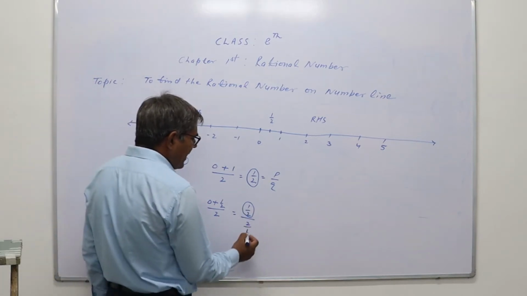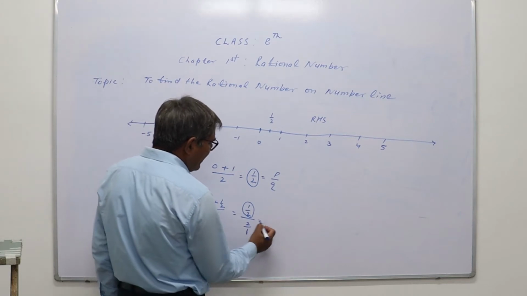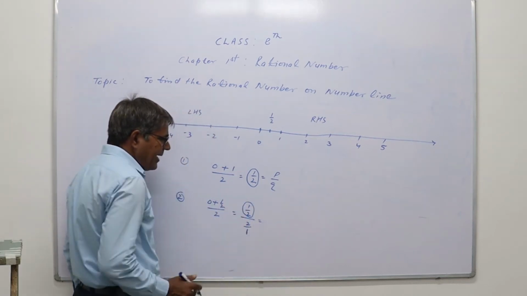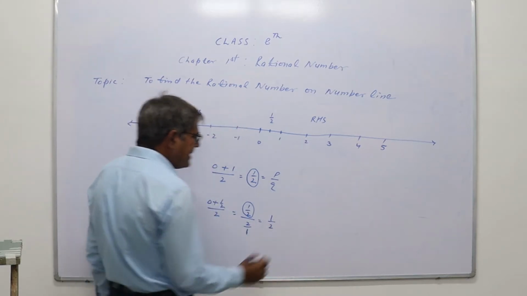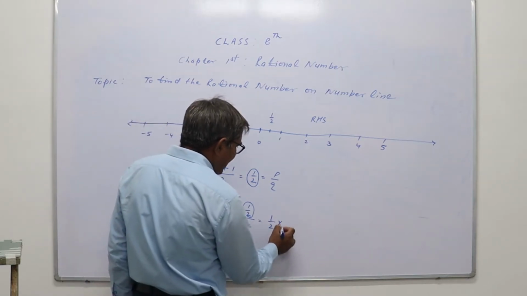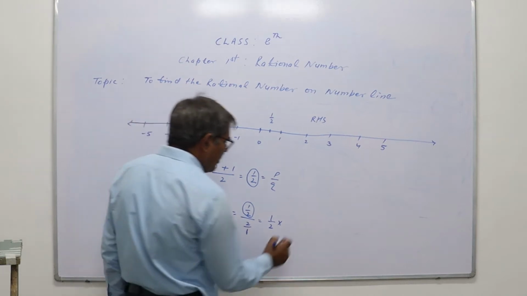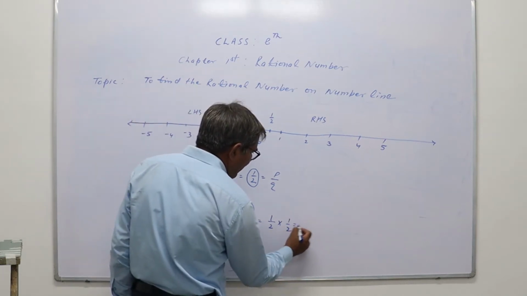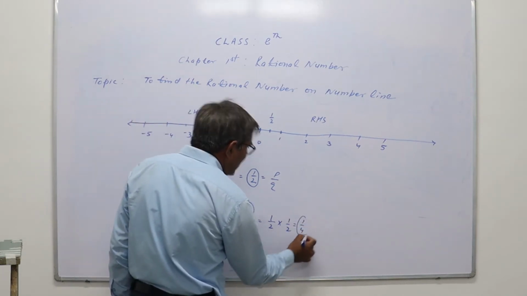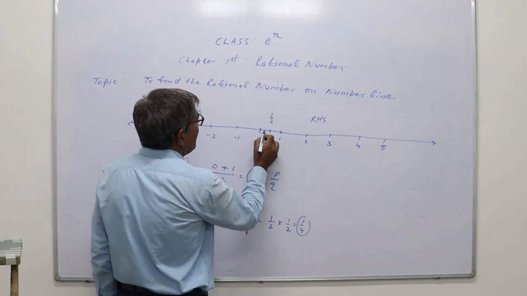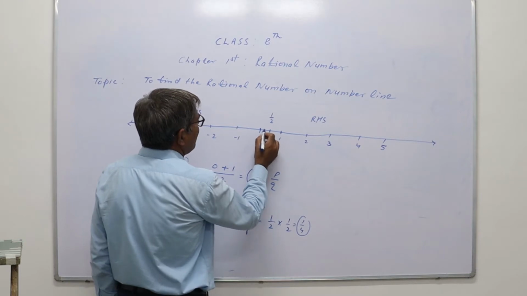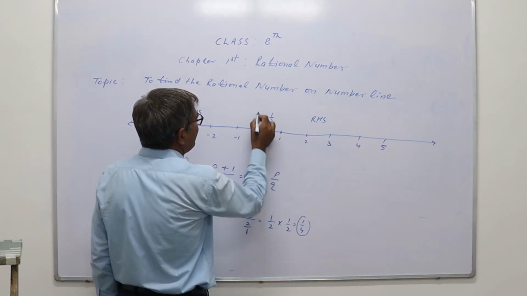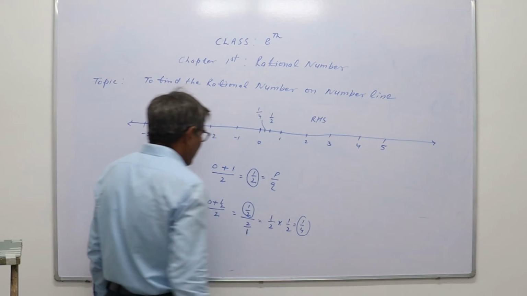So the numerator is 1 by 2 and the denominator is 2 by 1. Now when two rational numbers are divided, how will we divide? Write the numerator as it is and multiply by the reciprocal of the denominator. So 1 by 2 into 1 by 2 is 1 by 4. This 1 by 4 lies between 0 and 1 by 2, so this point will represent 1 by 4.